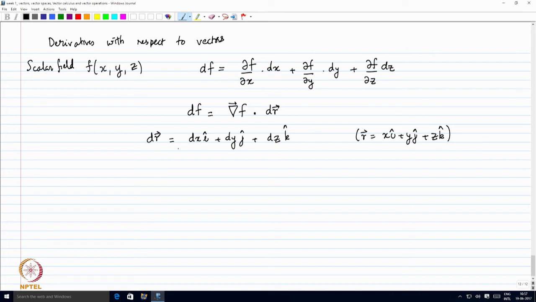So, dr is nothing but a differential element of r. So, you are taking a dr vector. Okay. So, it is a vector differential, you can just write it in this form. Okay. Now, the quantity grad f, this is called the gradient.